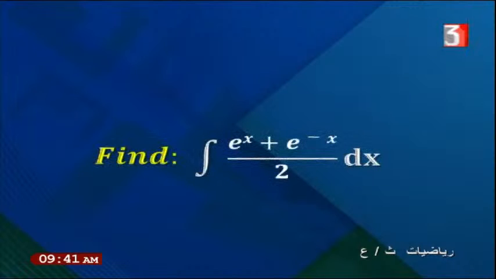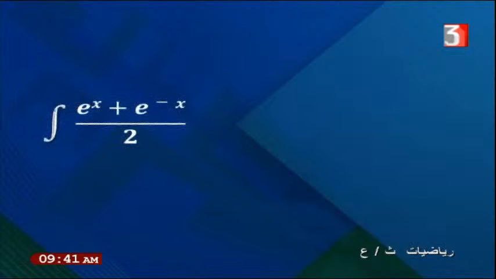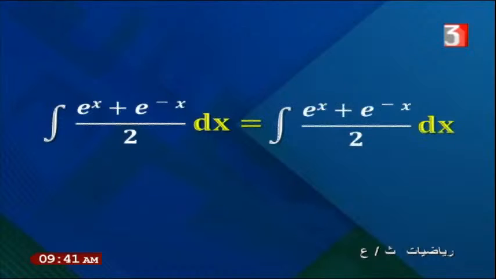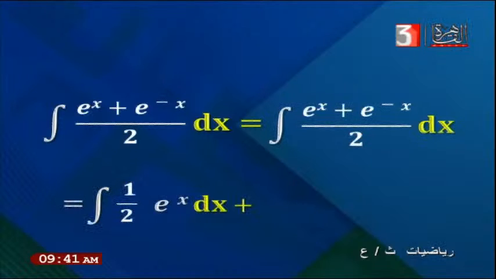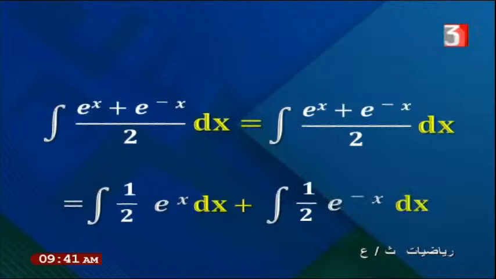Another example, find the integration of e power x plus e power negative x, all over 2, dx. Now we can write this function as the integration of e power x over 2, or half e power x dx, plus the integration of half e power negative x dx.